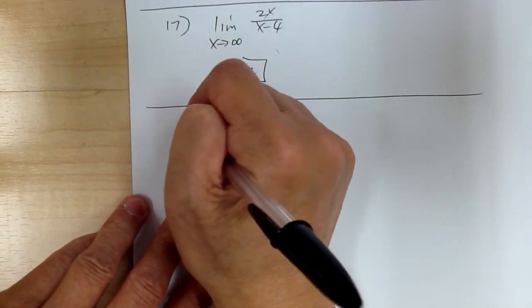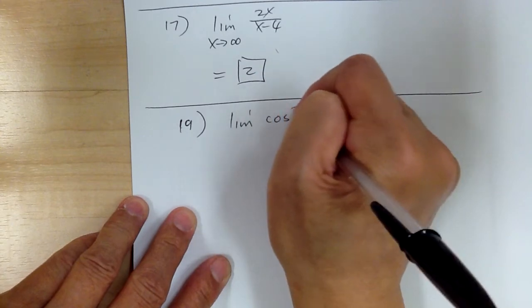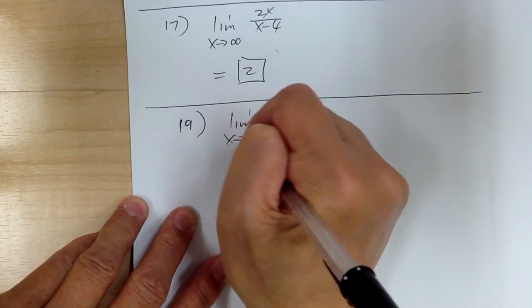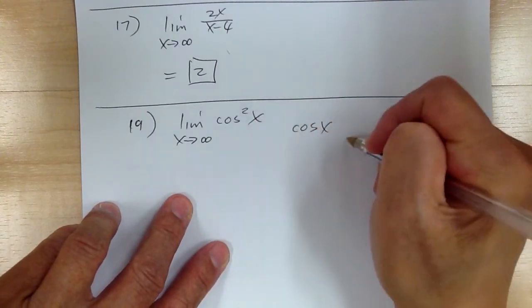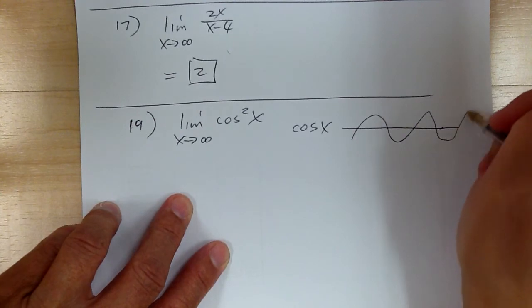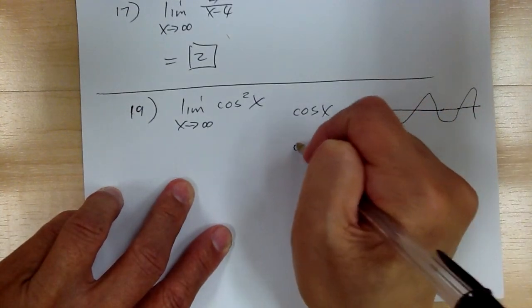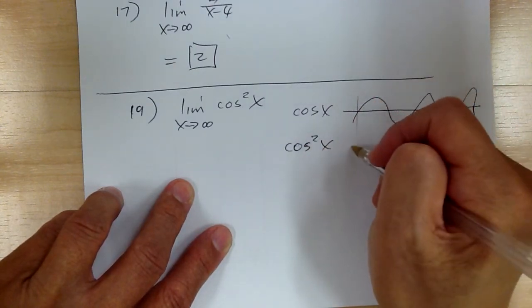Let's go to number 19. You're looking for the limit of cosine squared x as x approaches infinity. If you notice, the cosine graph looks like this, right? It goes up and down. Now cosine squared will square each part, so it will look like this.